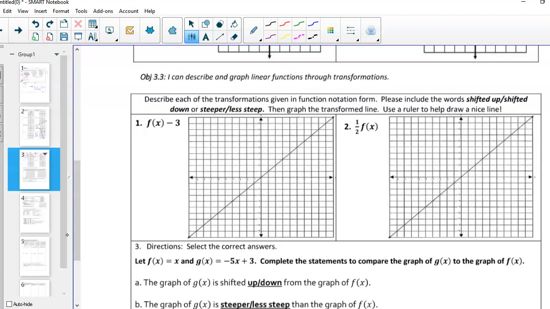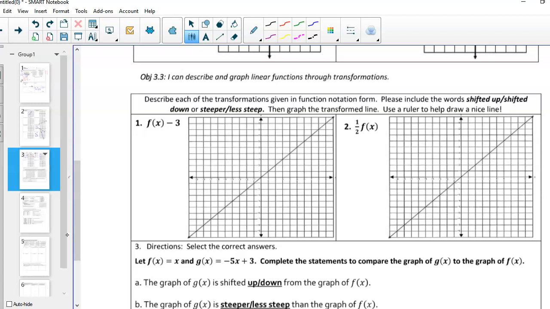So if this is saying your function was subtracted by 3, what is that really saying? Did it become steeper? Did it shift? It was subtracted by 3, but what does that mean?